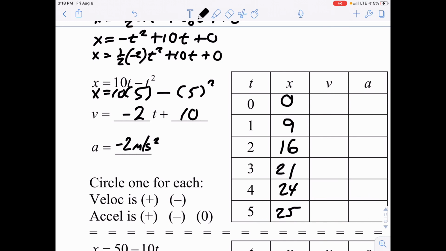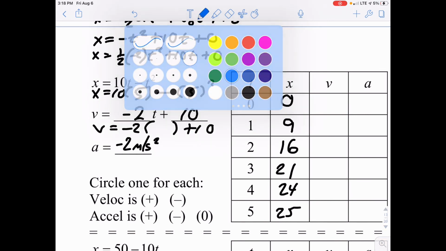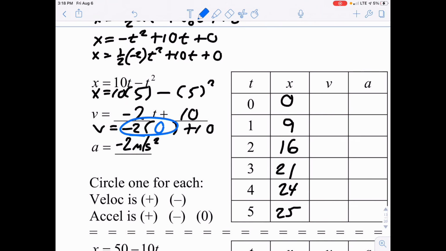Velocity-wise, well, negative 2 times t, so negative 2 times t plus 10. So at time equals 0, my initial velocity is 10. So I start there. Then if I plug in 1, negative 2 plus 10 would be 8.